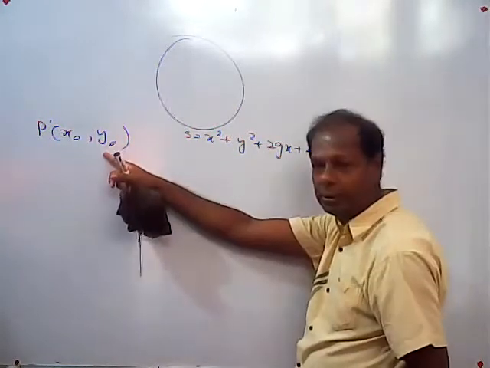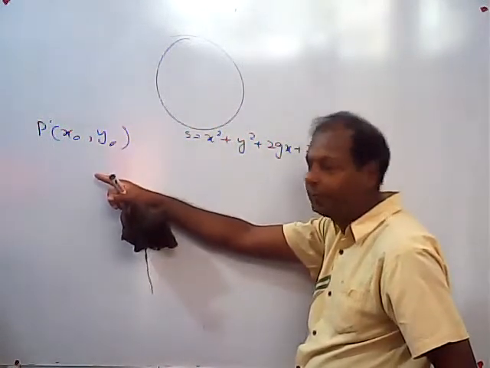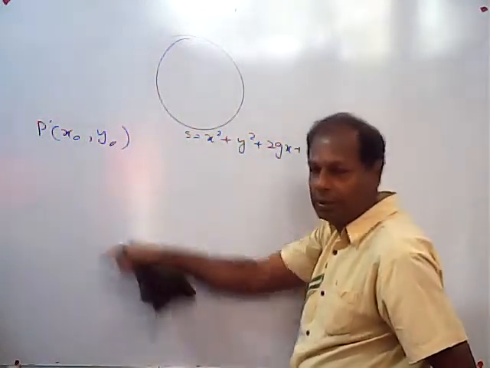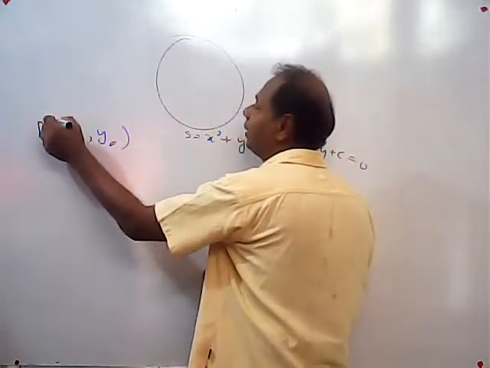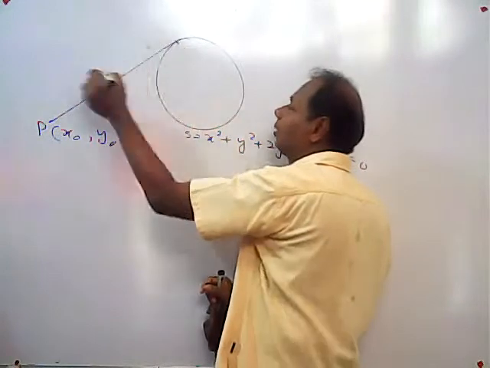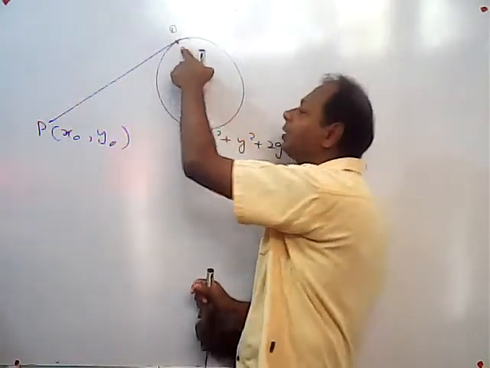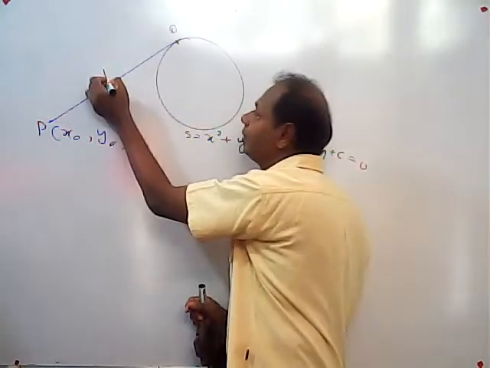You are given this point and circle. The point is outside the circle, so you can find the tangential distance to the circle from the point, say PQ, with the point of contact.